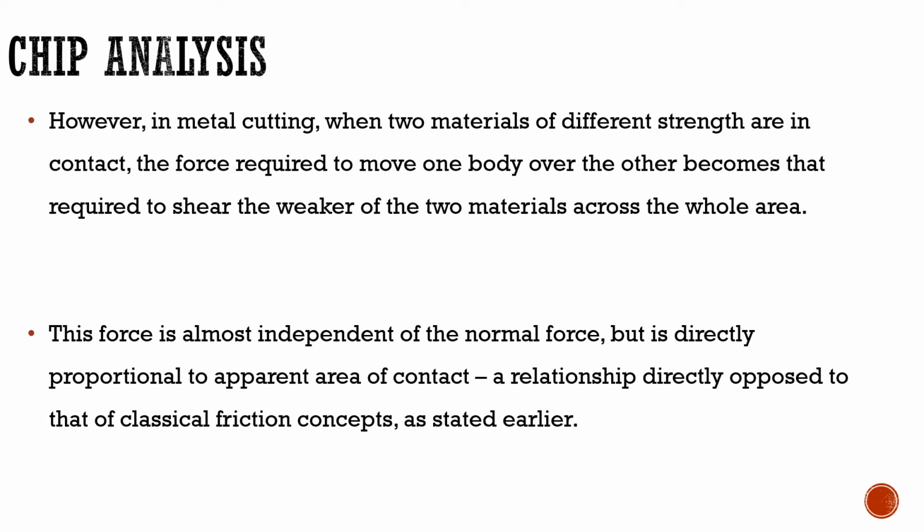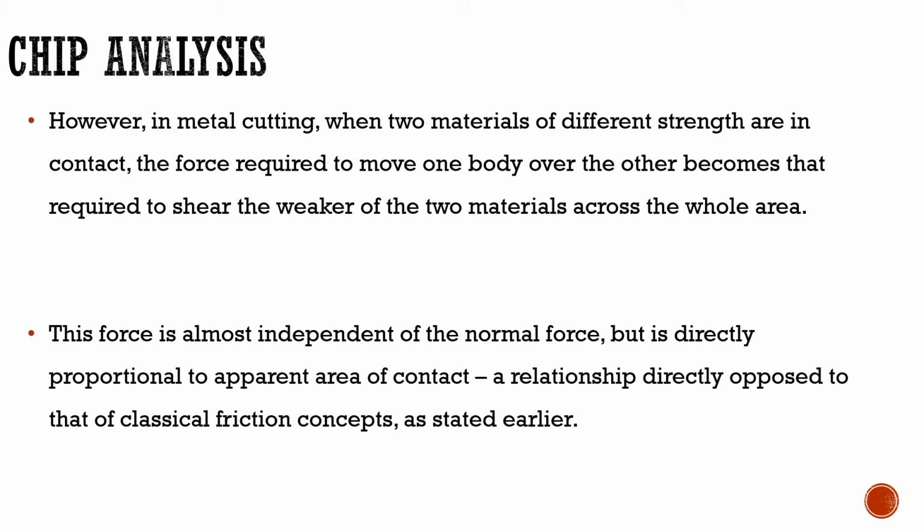And the mean stress acting on the real contact area supporting the load is equal to the yield stress of the material. If the compressive force normal to the interface is doubled, the real contacts supporting the load are plastically deformed until they double in area, so that the mean stress on them remains constant.